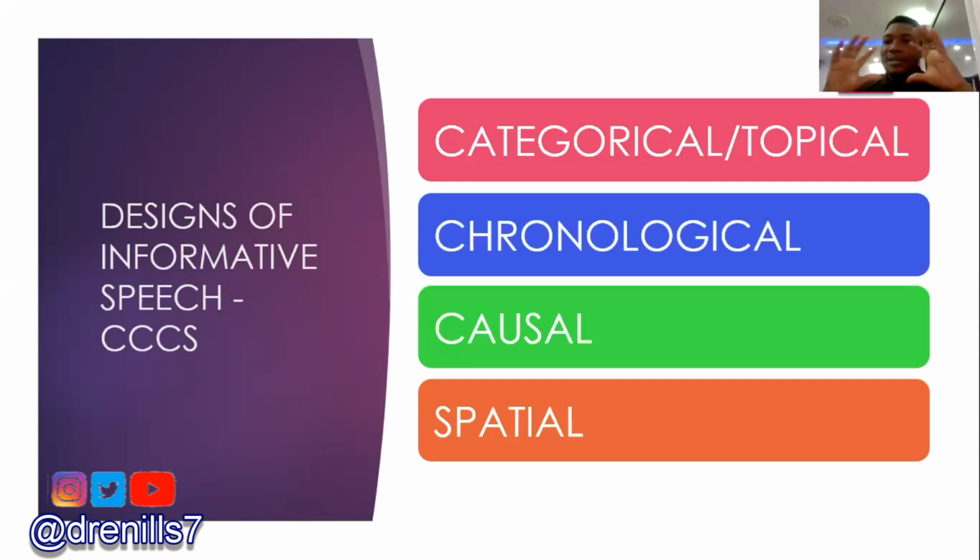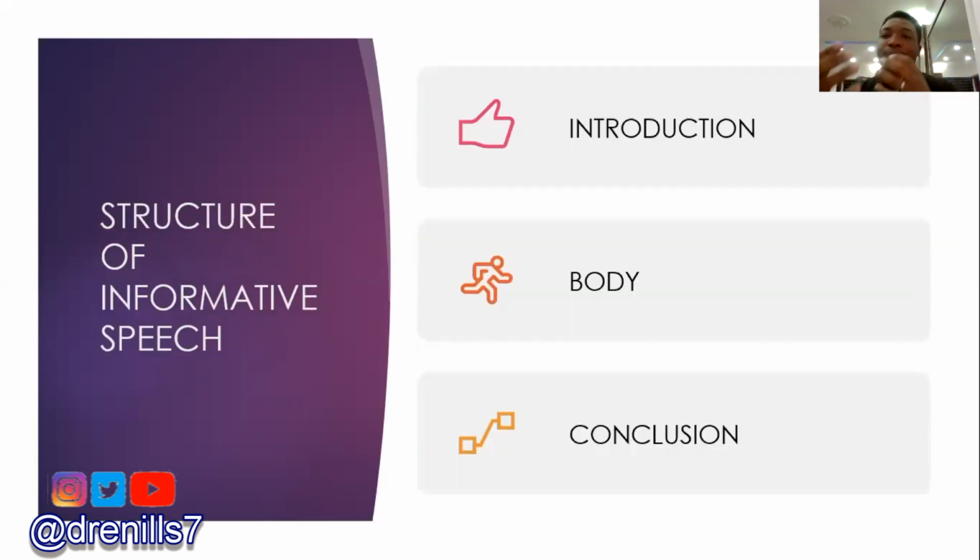So for this kind of speech, you use categorical or topical design. The first point, you talk about the first business, the second point about the second business, the third about the third business. In a more formal situation, either in your career, in your job, or you've been invited to speak, maybe even at church, in a church meeting, or a group of friends, you've been called to speak on something, you need this structure.